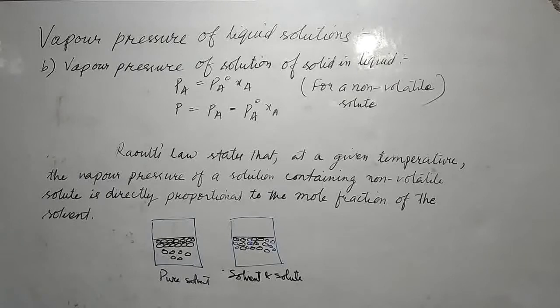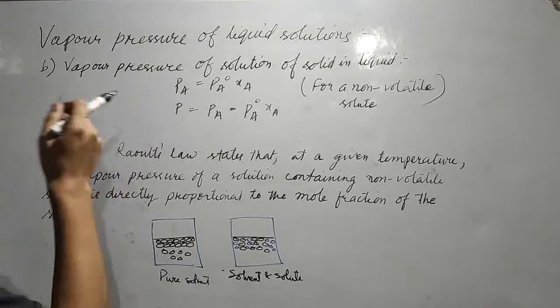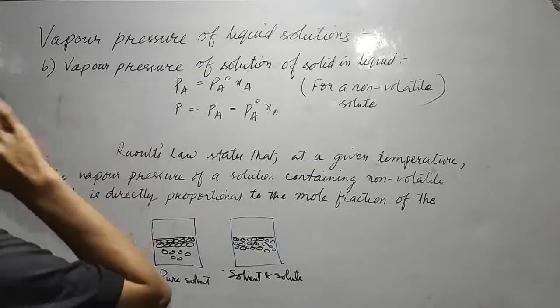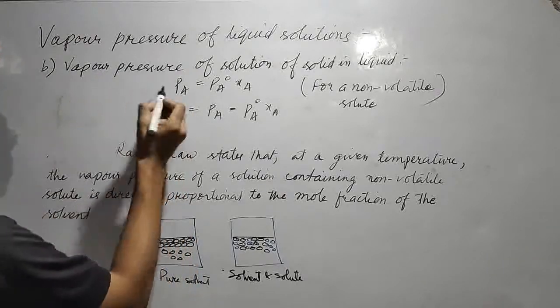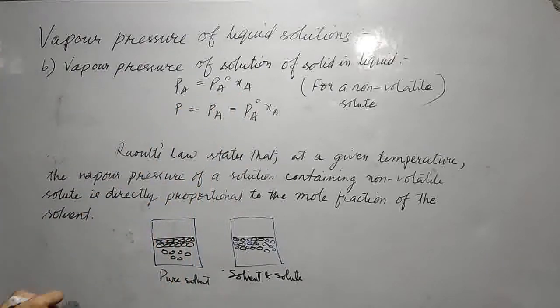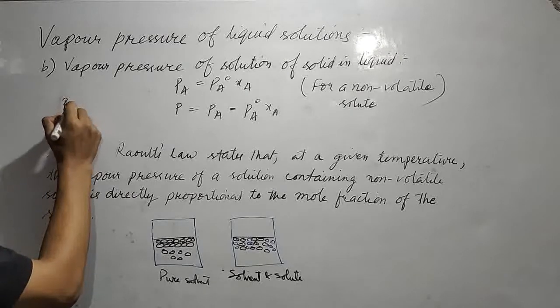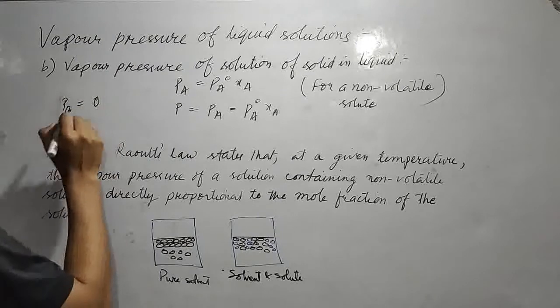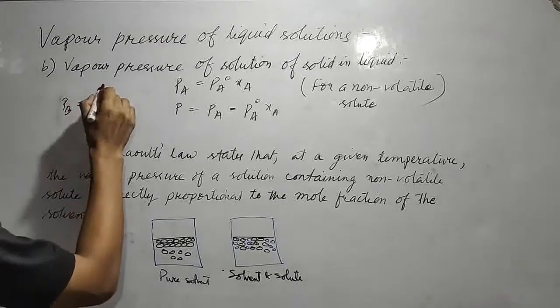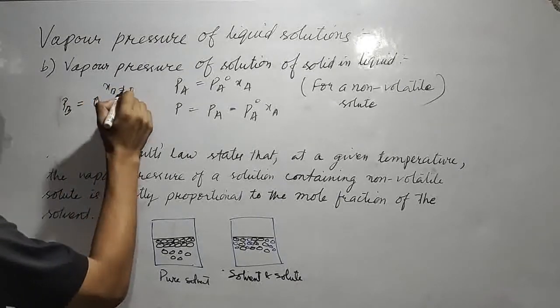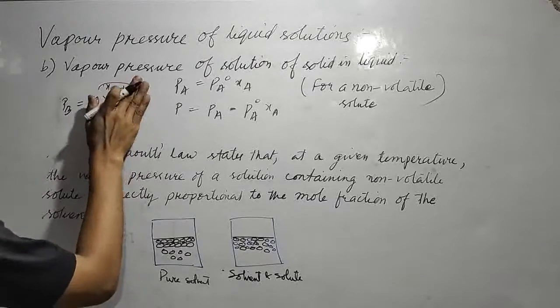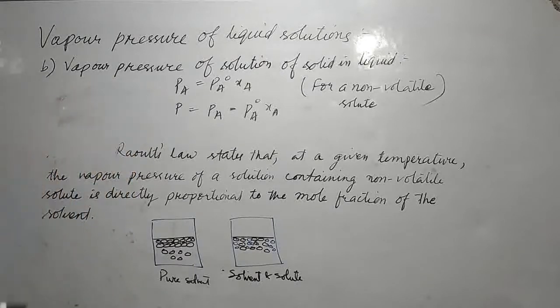For the volatile solvent we can write PA equals PA degree into XA according to Raoult's law. But for the non-volatile solute, the vapor pressure of the solute will be equal to 0, because although the number of moles is not 0, the pressure due to the non-volatile solute will be 0.